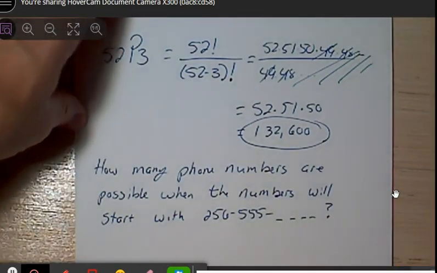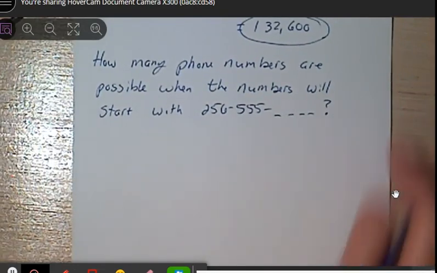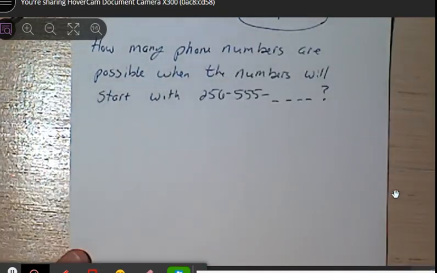I was trying to come up with a question that was similar to this one, and I couldn't get the wording quite correct, but this was about the best I could come up with. So let's say you have a phone number where you're given the area code and you're given the first 3 digits. How many different possible combinations can you come up with from this one?